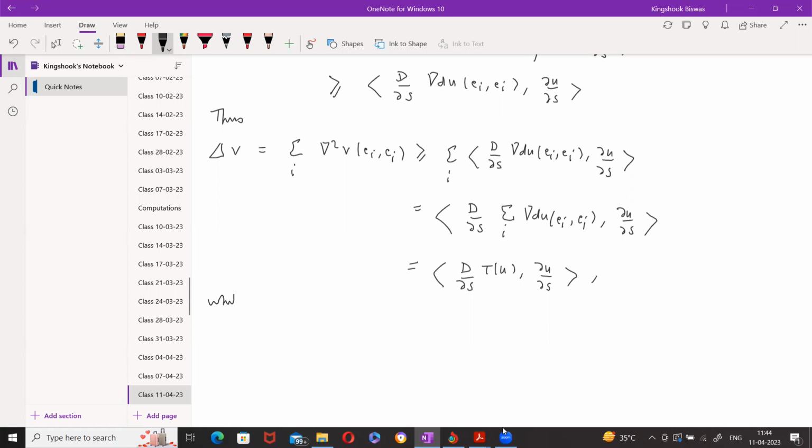While del V del t is what? This is del t of half inner product del u del s, del u del s. So by metric compatibility, this is half times 2 times the inner product d del t of del u del s, del u del s.